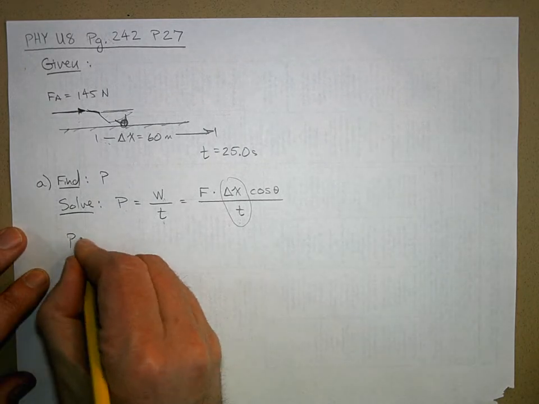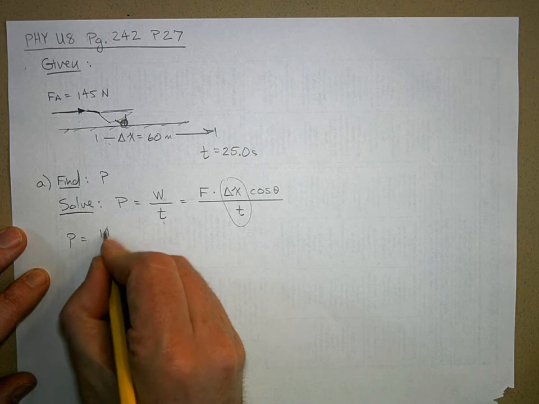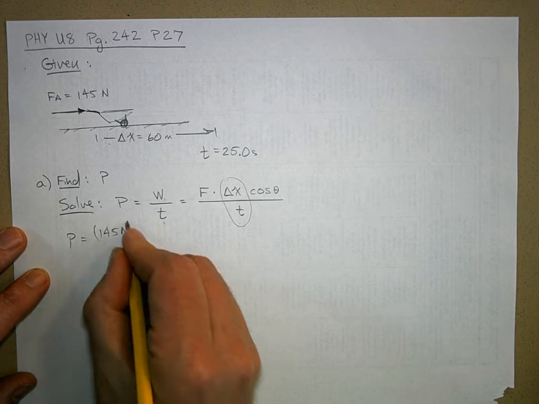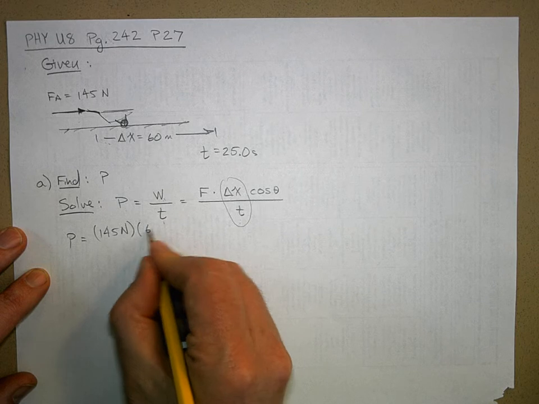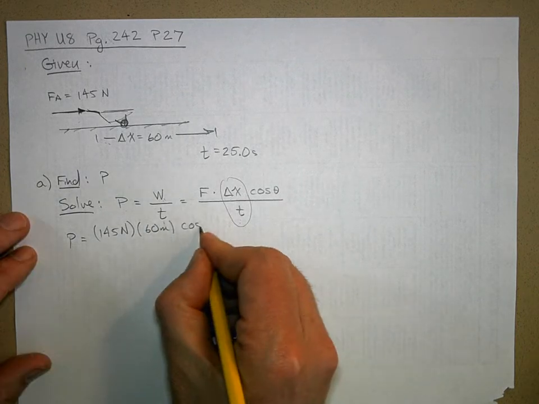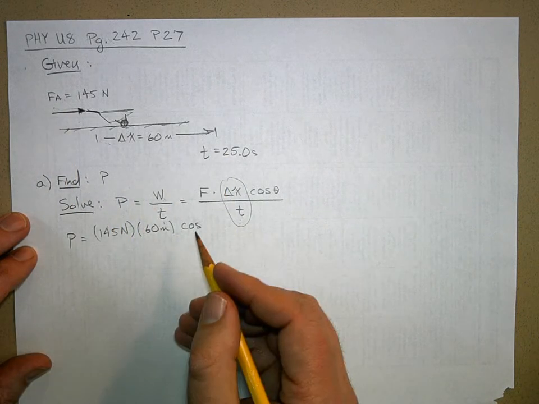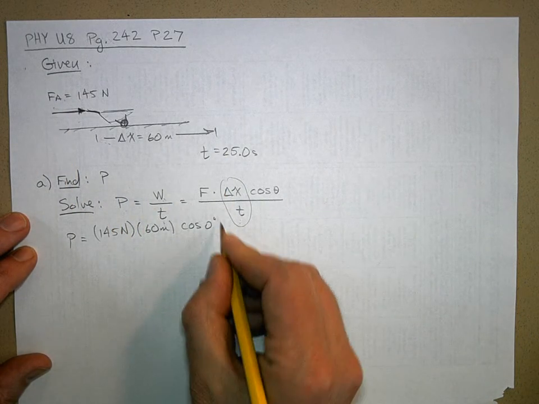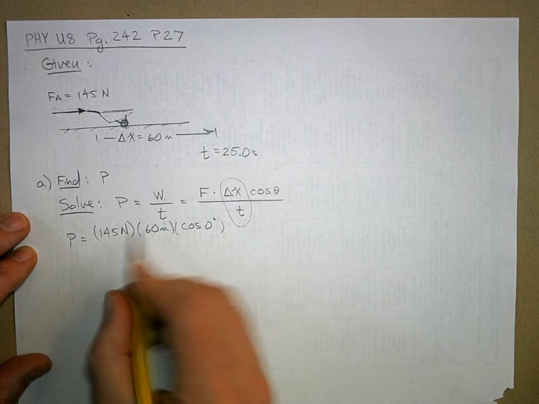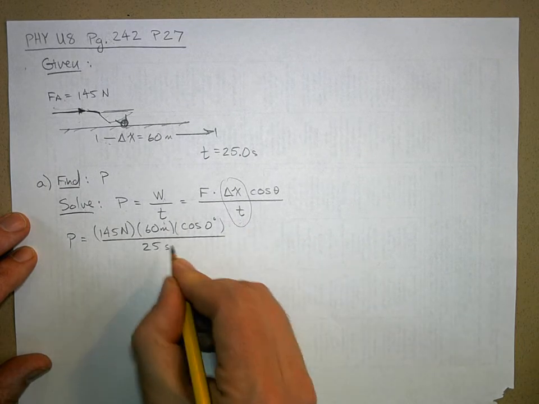But in any case, now all we need to do is plug in our values. We know the force is 145 newtons. Delta x is 60 meters. Cosine theta, well, theta, they're both to the right, so they are in the same direction. So the angle between them is 0. Divide that by the time, it's 25 seconds.